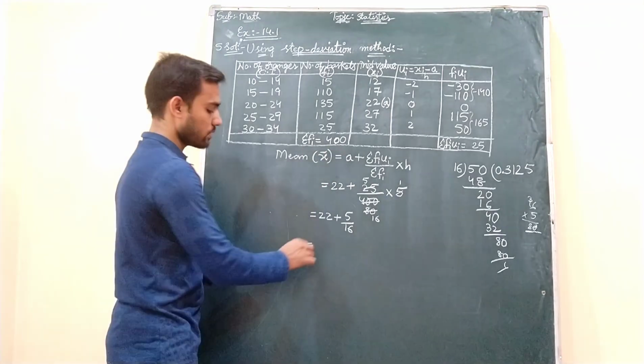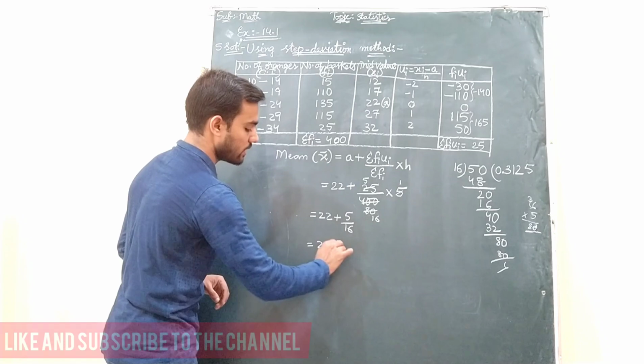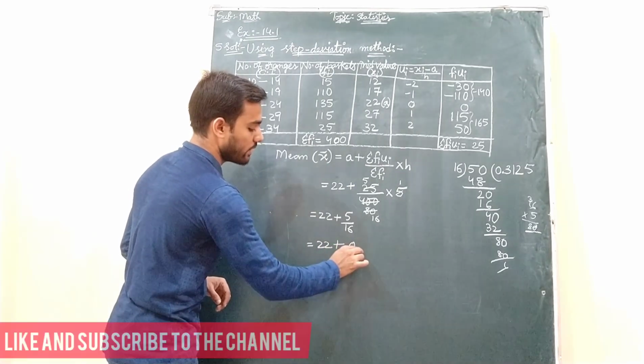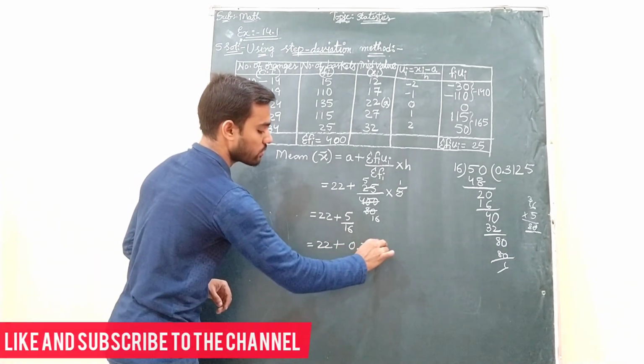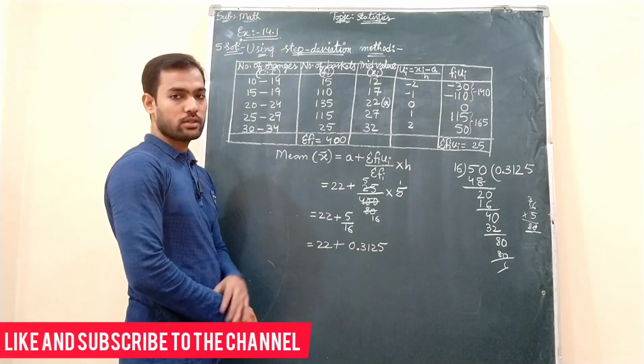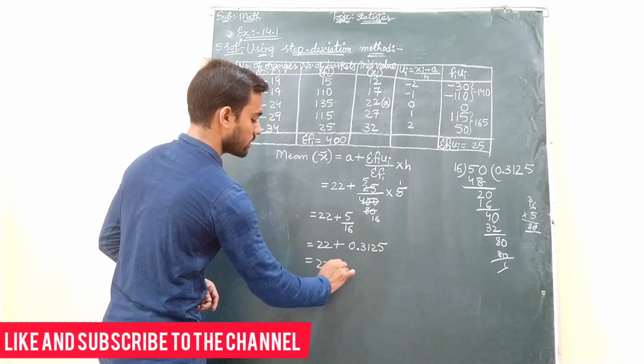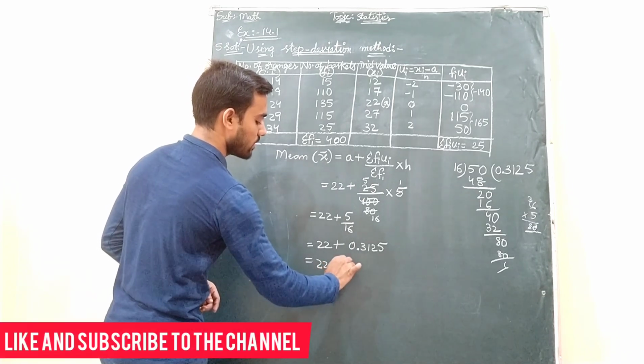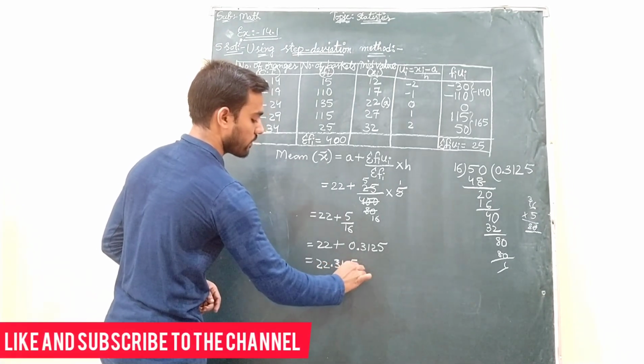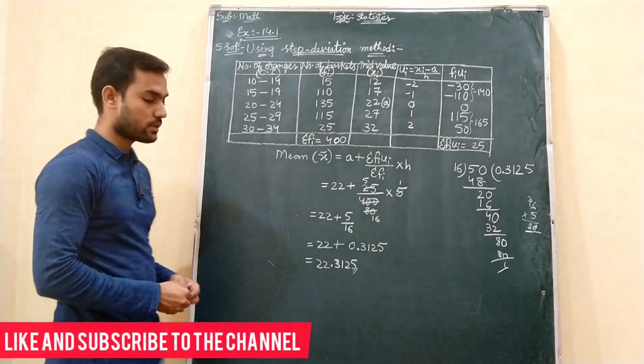Nothing happens. So 22 plus 0.3125 we got. So if you add up, you will get 22.3125. Okay. So at last you can write.